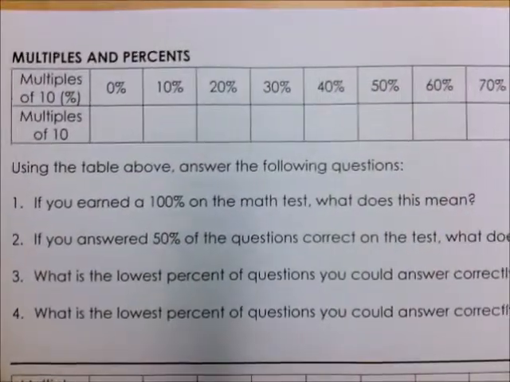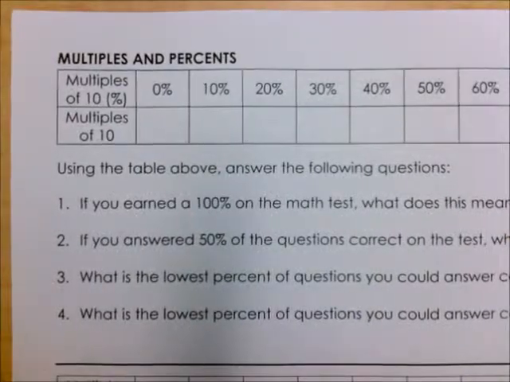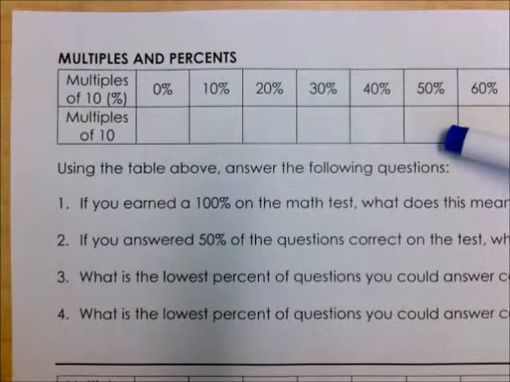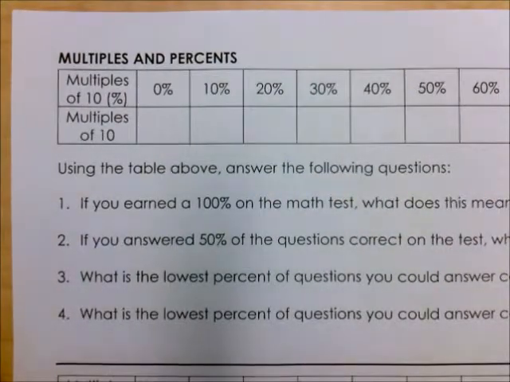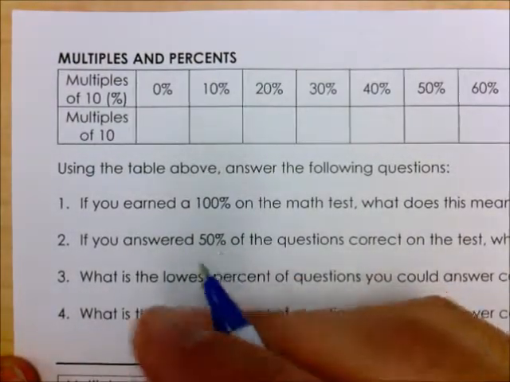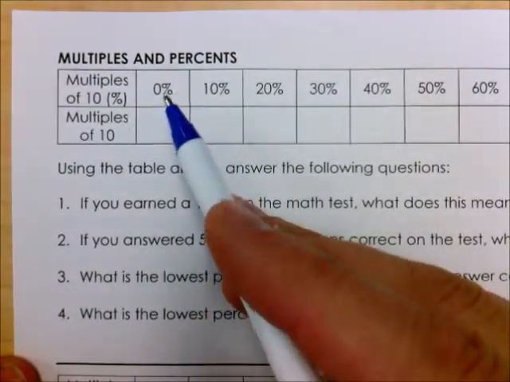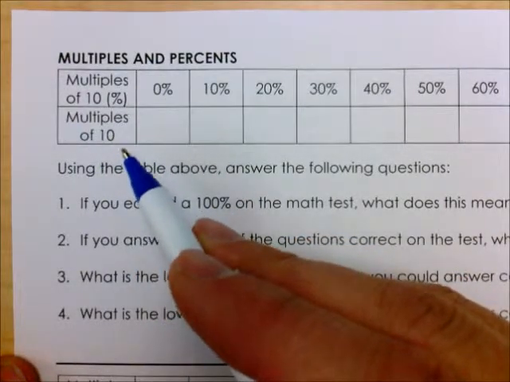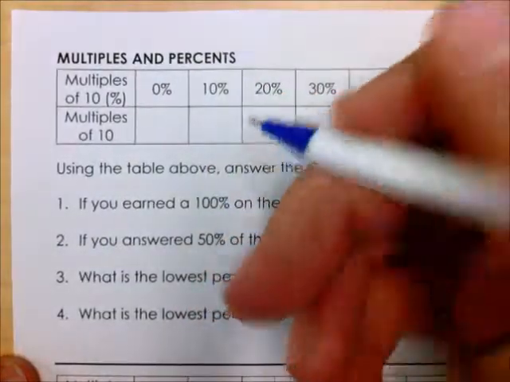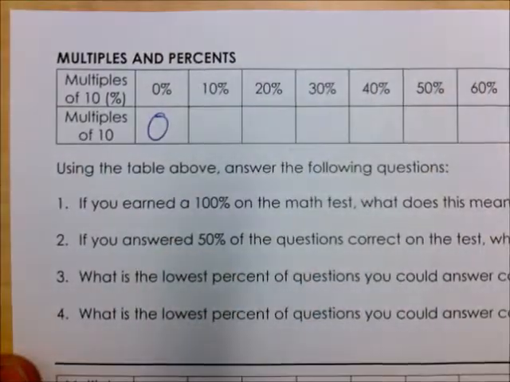Okay? Then on the bottom, we're already setting the precedent that the top numbers are going to be my percents, and the bottom numbers are going to be my regular numbers. And it says multiples of 10. Well, we want to think about this as a test grade. If I got a 0% on a test grade, I want to think about the bottom numbers as being how many points I got. So if I got a 0%, I would get 0 points.